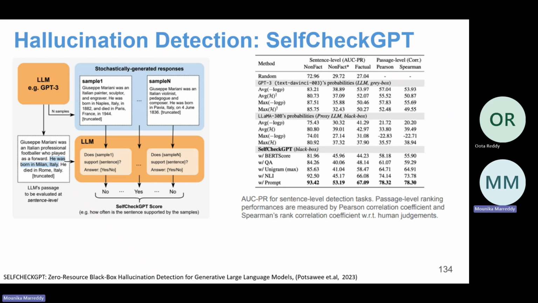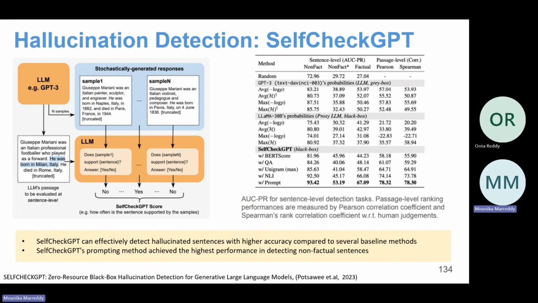So this table shows the results and the performance of SelfCheckGPT. Results show that the probability measures from LLMs generating the text are a strong baseline for assessing factuality. Factual sentences can be identified with an AUC-PR, the area under the curve for precision and recall, of 53.97%, which is significantly better than the random baseline of 27.04, with the AUC-PR for hallucination detection also increased from 72.96 to 83.24%.